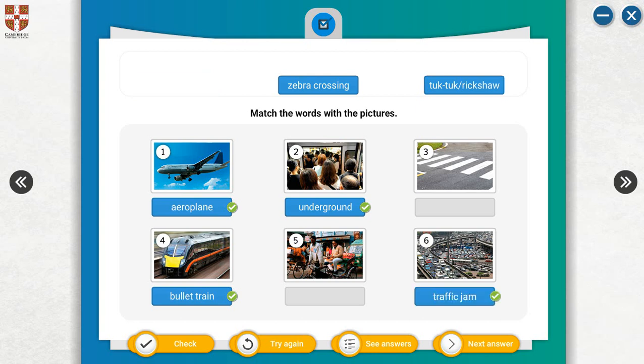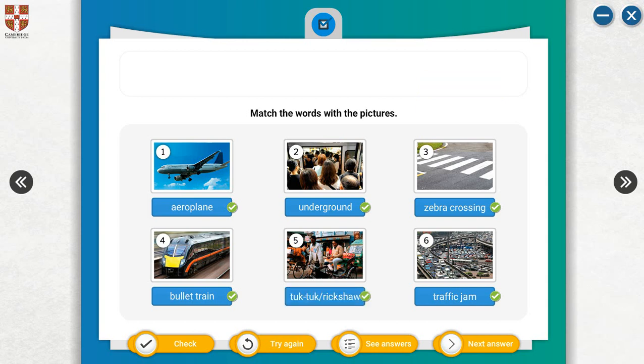And zebra crossing. Zebra crossing is here, number 3. And tuk-tuk rickshaw, as you can see, number 5. Now check your answer, please. And pass this exercise.